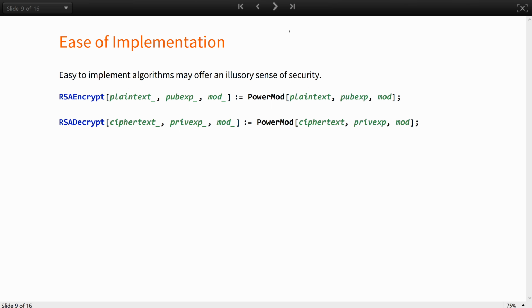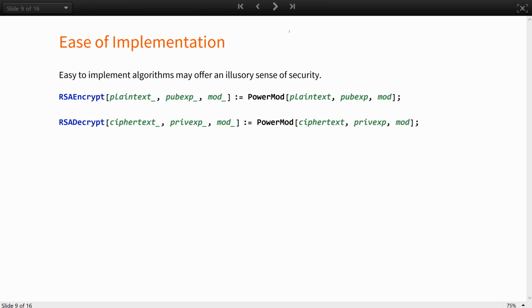The ease of implementation criterion refers to the difficulty of realizing the primitive in a particular instantiation, including the complexity of implementing the primitive in either software or hardware environment.